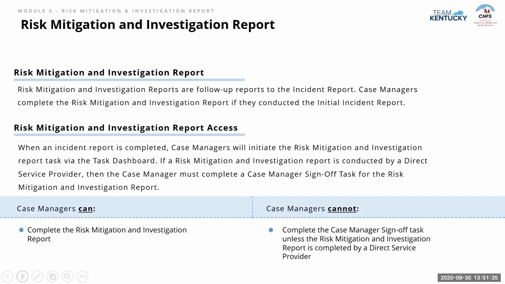And we'll show you what that looks like in the system. So what you can do is complete that risk mitigation investigation report. And what you cannot do is complete the case manager sign-off task unless the risk mitigation investigation report is completed by a direct service provider supervisor. So just something to call out and keep in mind. But at this point, we'll go ahead and move to our next slide.